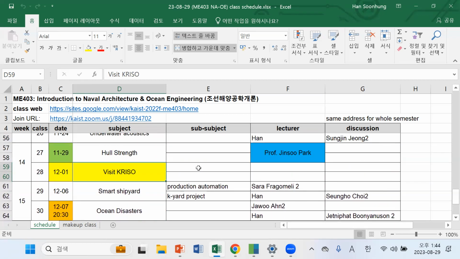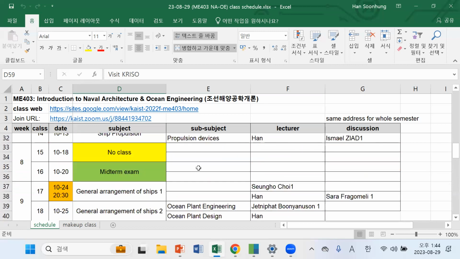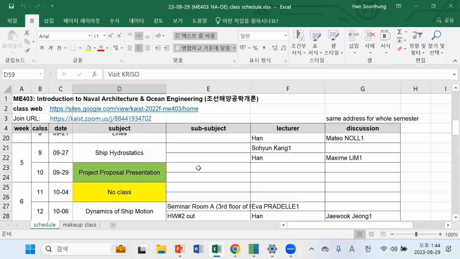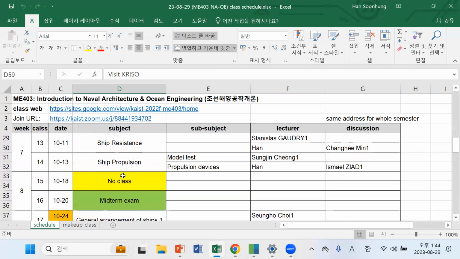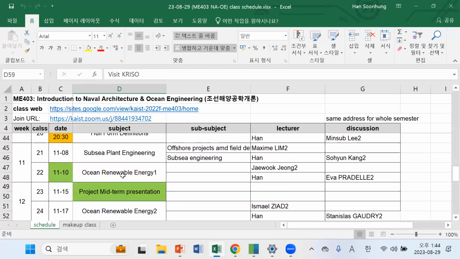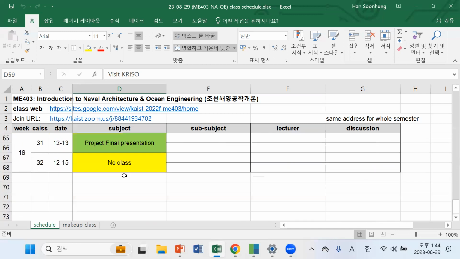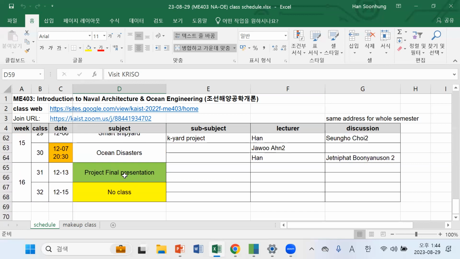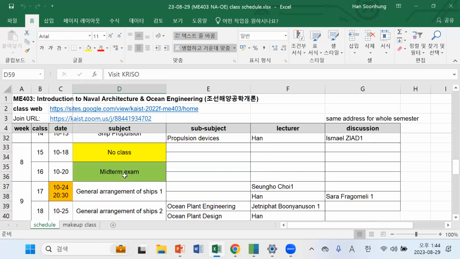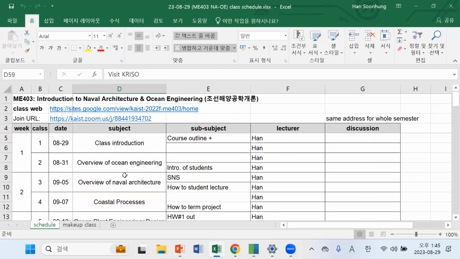And then there will be 3 project presentations: the proposal presentation, the midterm presentation, and the final presentation. Okay. That is the schedule of this.